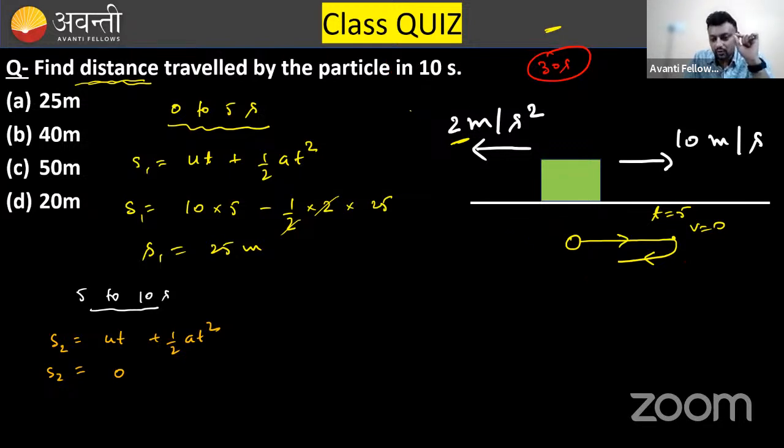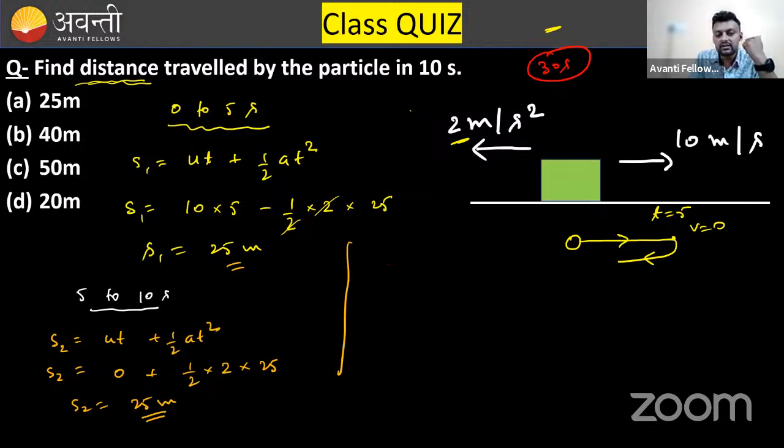Bhavnagar is saying positive because the direction of motion and the acceleration are both in the same direction. That means half, acceleration is 2, time is again 5 square, which is 25. So can you see that s2 is again 25 meter? So what is the total distance traveled? Total distance s is s1 plus s2, that is 50 meter, which is the correct option number C.